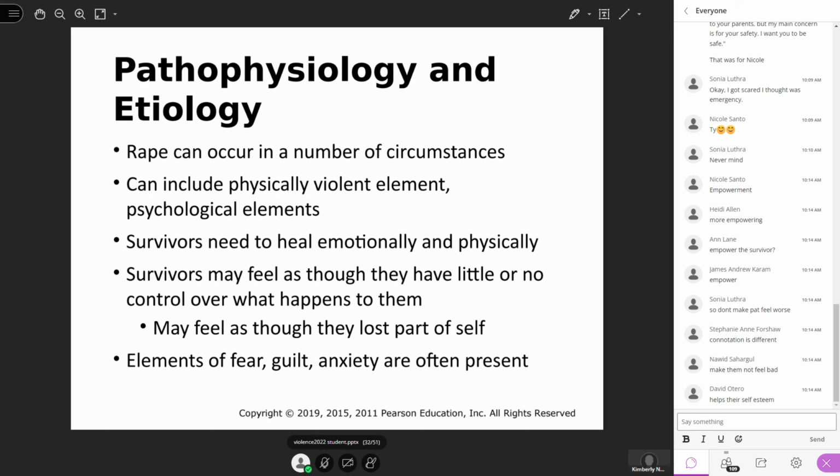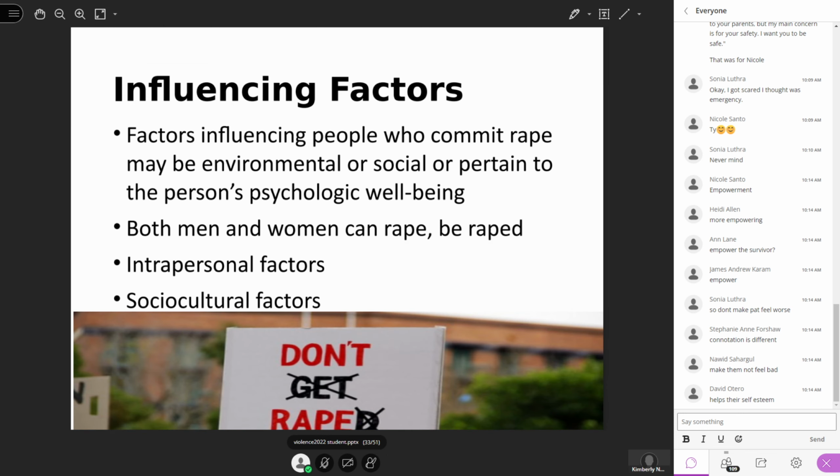As long as there's no consent, and consent doesn't always have to be the verbal no that they are stating. So a lot of times people will say, well, I didn't say no. Well, did you say yes, or did you consent to it initially? And a person can take back consent at any moment in time. Okay.